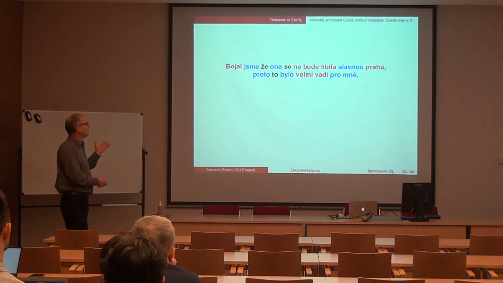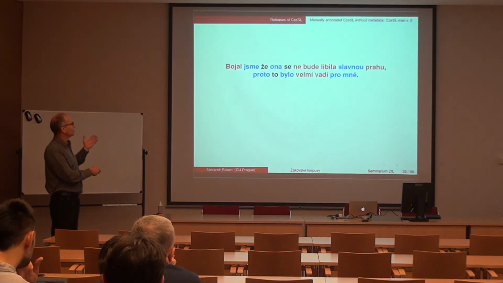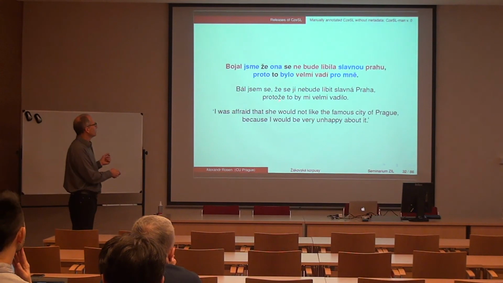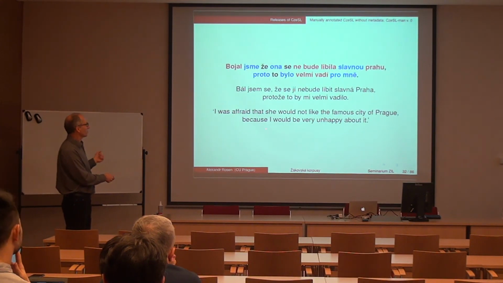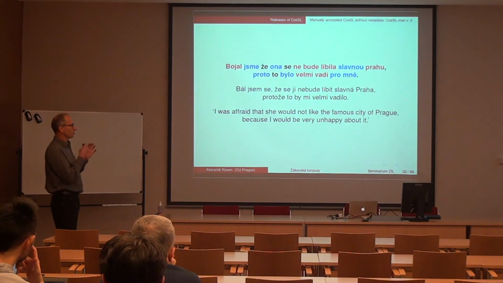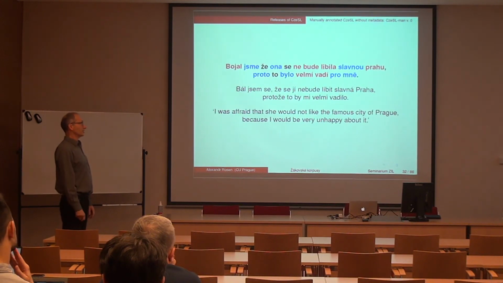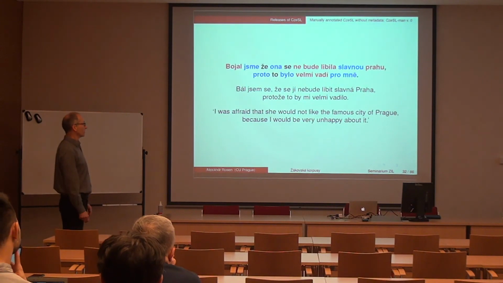So in the example, these red errors are non-words. Sorry. I was afraid that she would not like the famous city of Prague because I would be very unhappy about it. So red ones are not Czech words. Blue ones are Czech words, but not properly formed, so you have to correct them anyway.